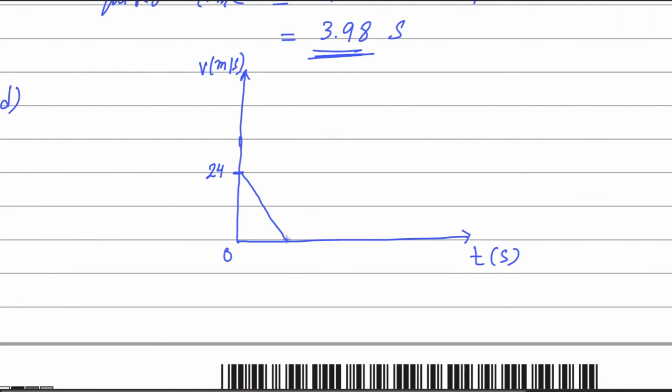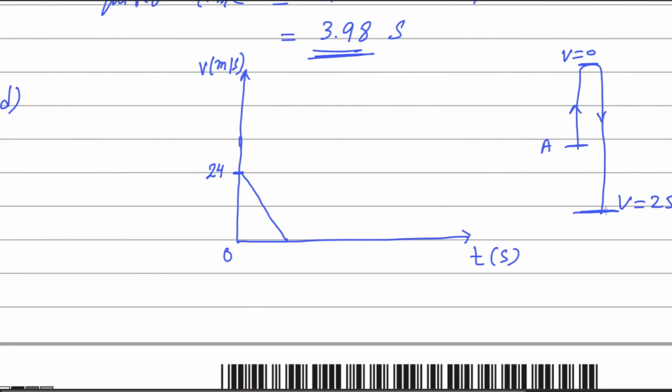Then it goes downwards, and speed increases, then it returns back and hits point B. At the top point, speed is 0 for sure. At this point, speed is 25.